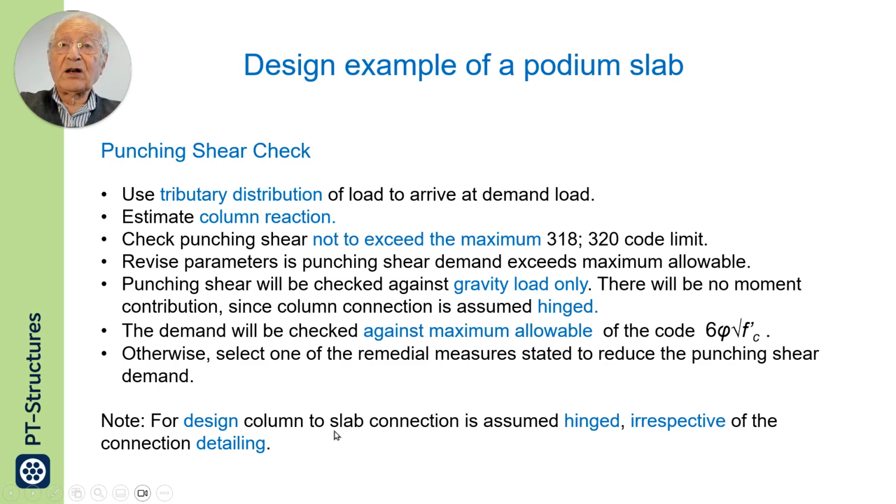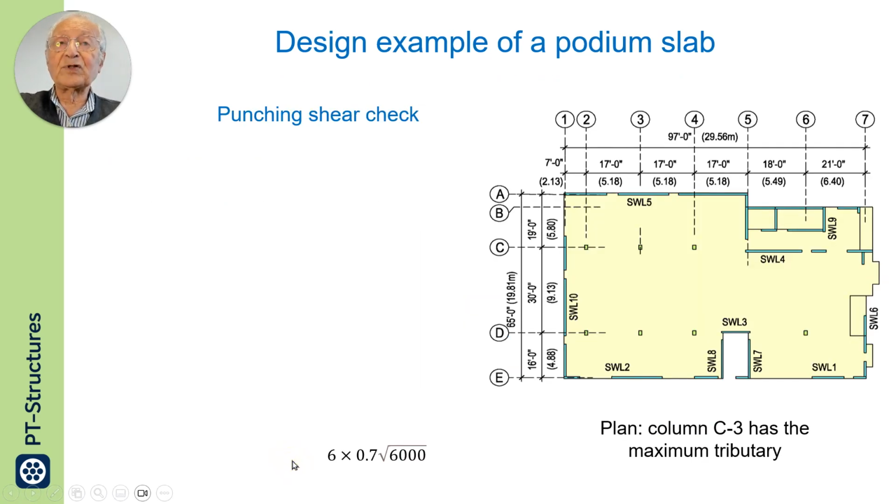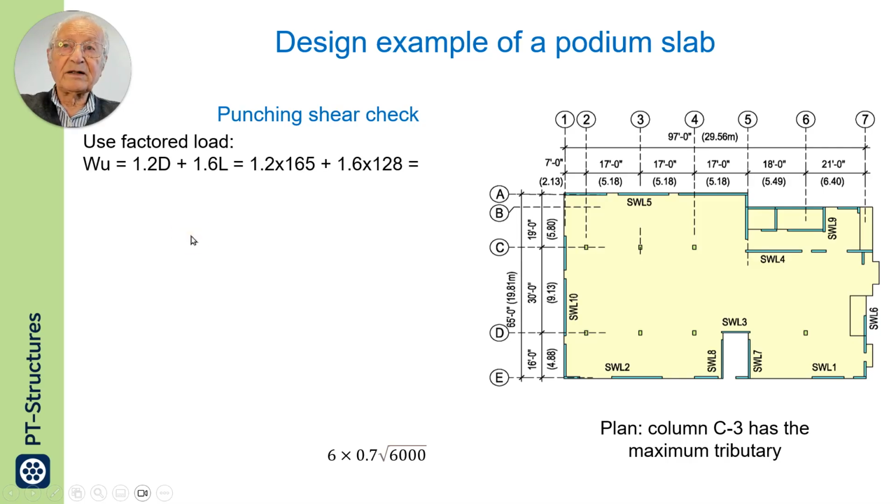For design, column to slab connection is assumed hinged, irrespective of connection detailing, which will be in your drawing. I use factored loads to calculate the demand.